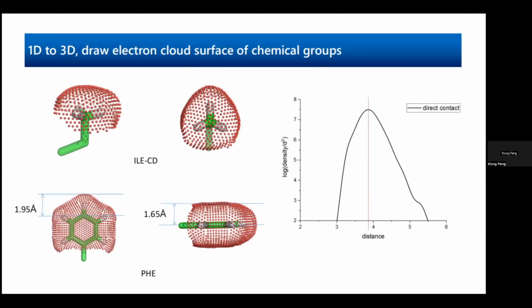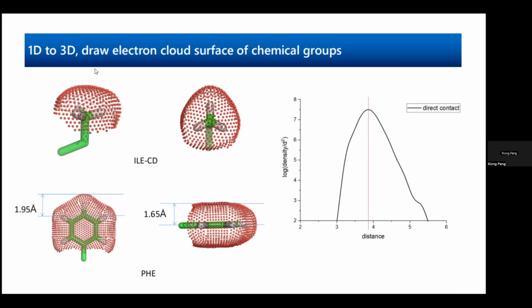As you see, this is the distribution for the direct contact. It's a single peak distribution. From this distribution, we can get an optimal packing distance for two different atoms. And from this distance, we can calculate the packing radius of different atoms.